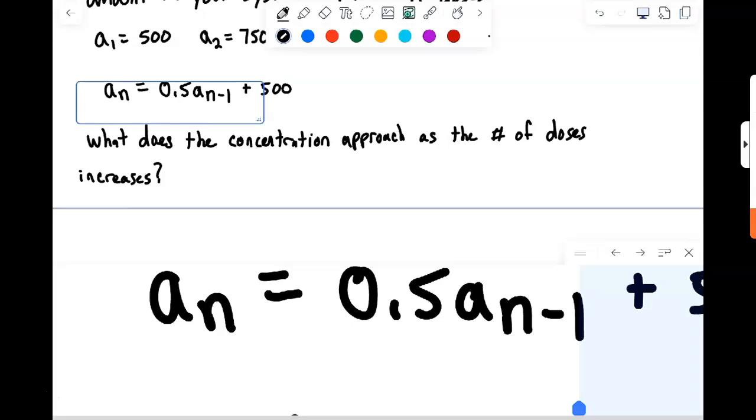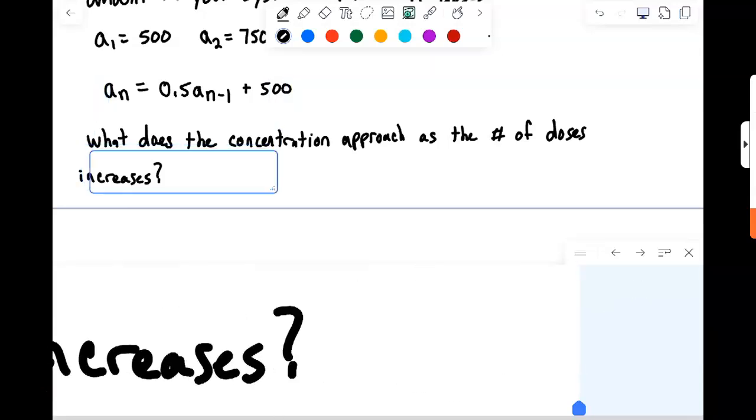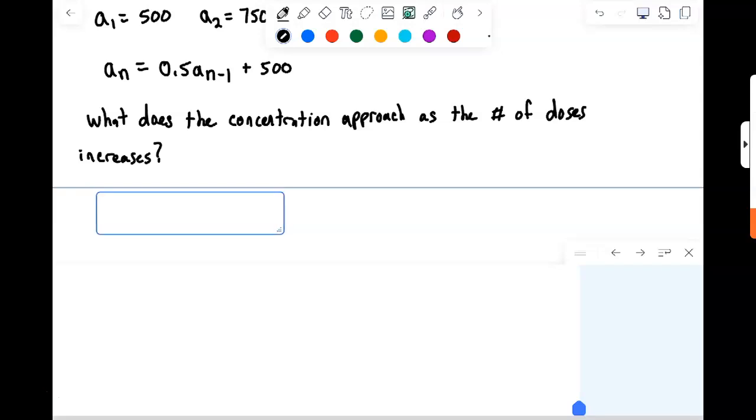Well, if we had a formula, we could apply the limit to the underlying function, right, like we have done in previous problems. But here we have a recurrence relation. So what we actually do here to work this problem out is we take our recurrence relation and we apply the limit to both sides of our recurrence relation.